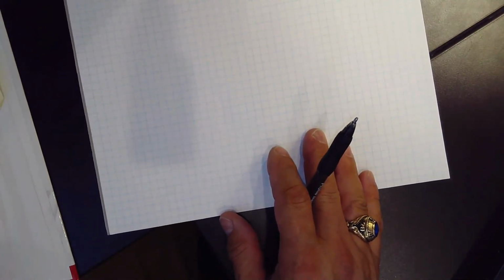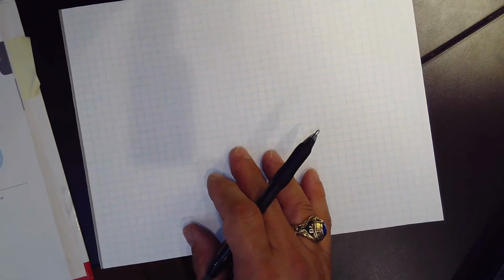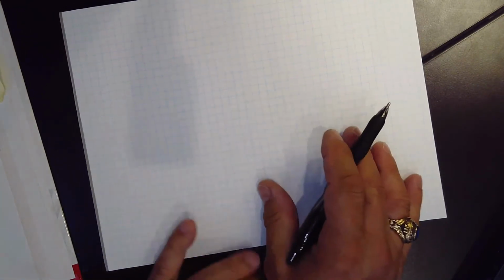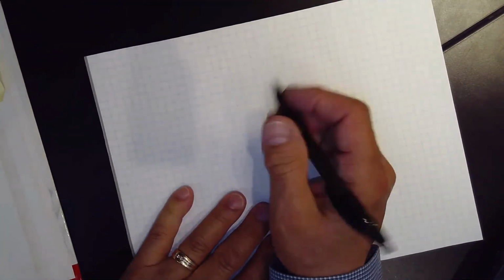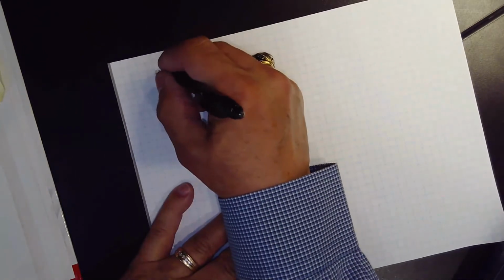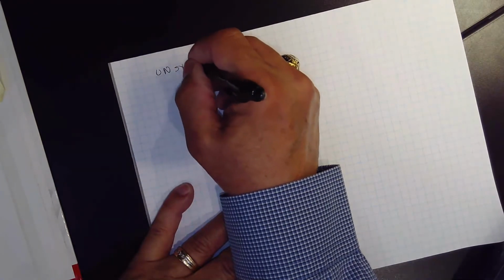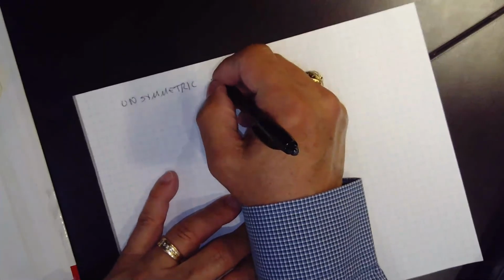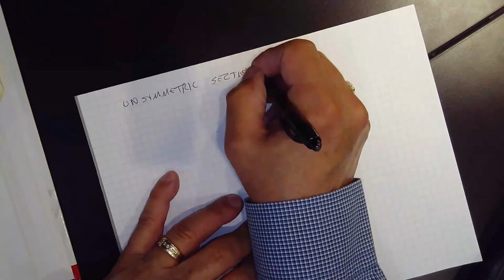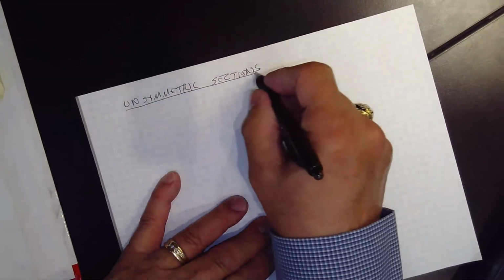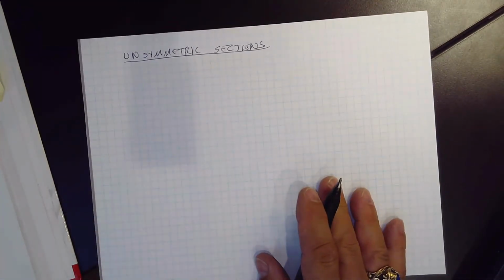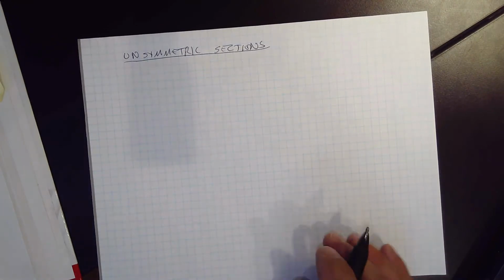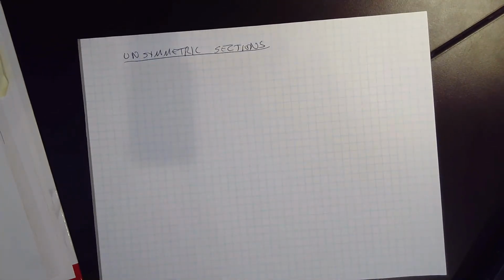Okay, let's keep going. Next, we're going to talk about unsymmetric sections. Remember I said that your centroid is going to lie on your symmetry.